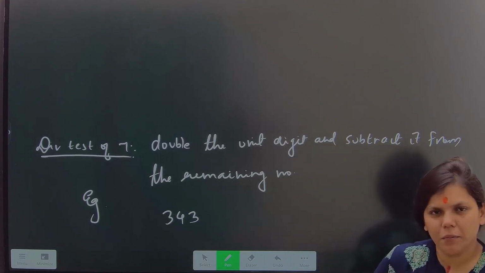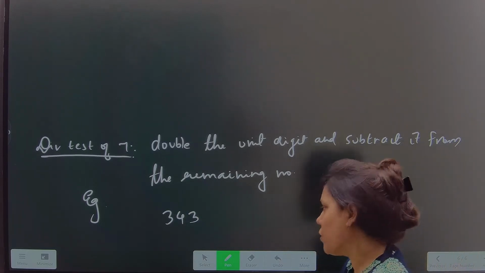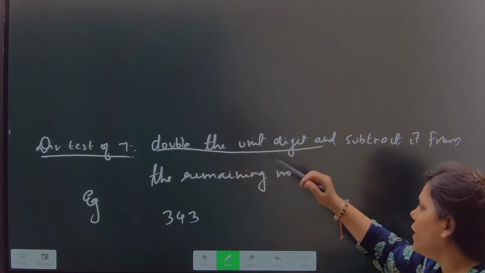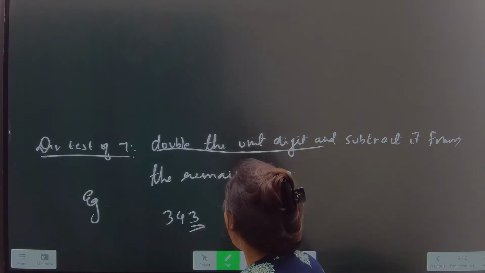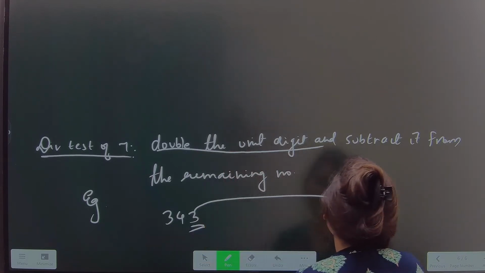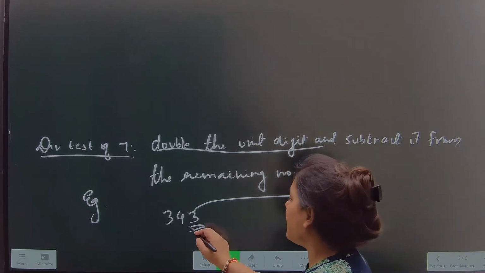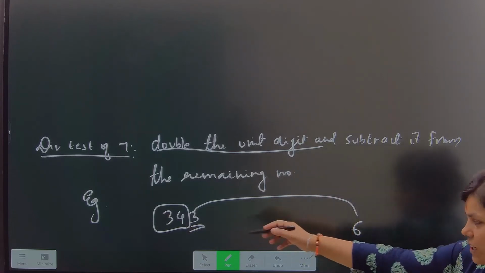Now, if I am given a number 343, how will I check whether it is divisible by 7 or not? So, I told you, you need to double the unit digit. So what is the unit digit? 3. What is double of 3? 6. Okay. Now what is the remaining number? The remaining number is 34. So you need to subtract 6 from this 34.